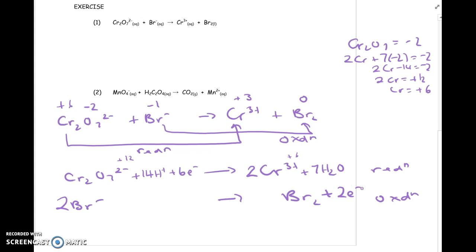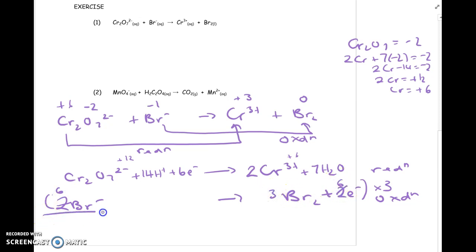Now the next step is to check and make sure that the electrons produced from oxidation are consumed with reduction. This side is only producing 2 electrons, this side is 6, so I need to multiply this by 3. So I'm going to go through and do that. 3 times 2 is 6, 3 and 6.